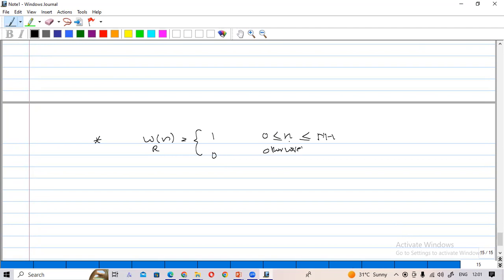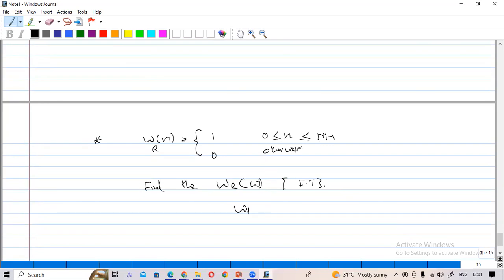So this n is time domain, no? N is time domain. So find the frequency domain of this, W_R(ω). For that you have to use the Fourier transform, the discrete Fourier transform.